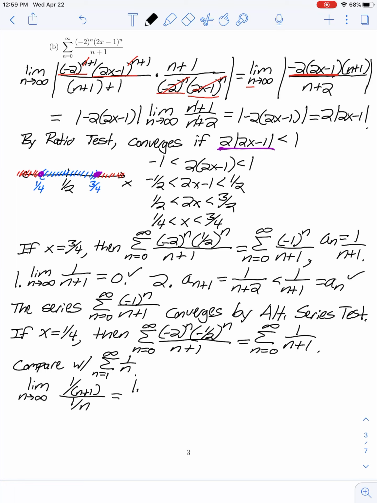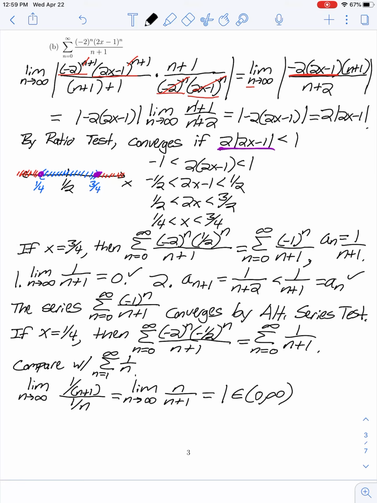And this gives us the limit as n approaches infinity of, dividing fractions, n over n plus 1. So that's the limit of a rational function with the same highest power of n on top and bottom. So we get a limiting value of 1, which does lie in the interval from 0 to infinity.